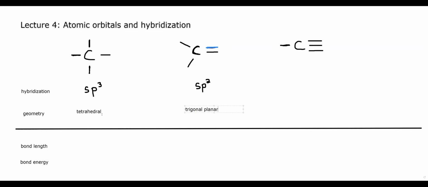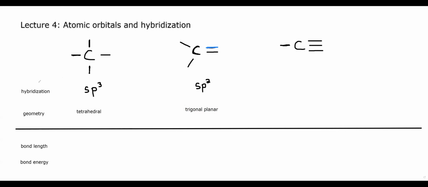It has sp2 hybridization because it's a carbon connected to 3 different things. So what's the best way that 3 things can spread out from each other in 3 dimensions? Around a central point, they become coplanar, and then they spread out 120 degrees apart from each other. Okay? So that's trigonal planar geometry there.